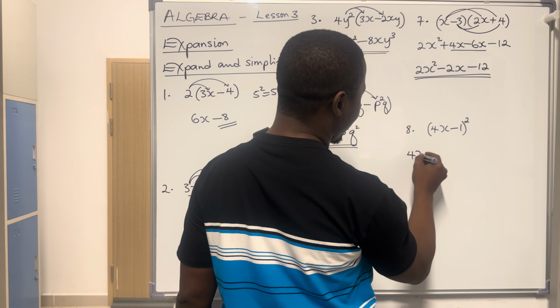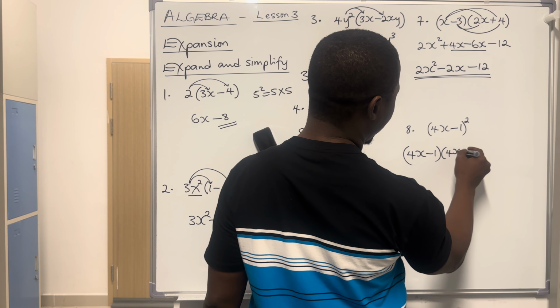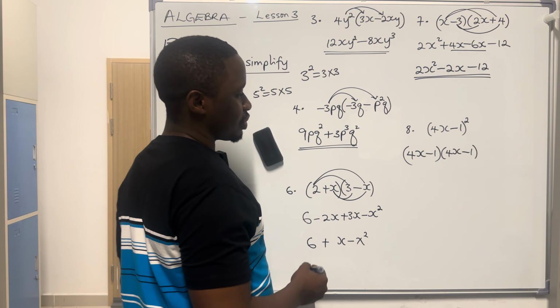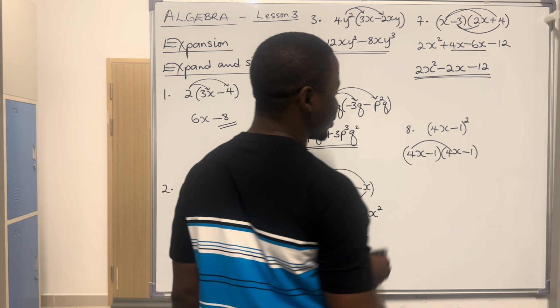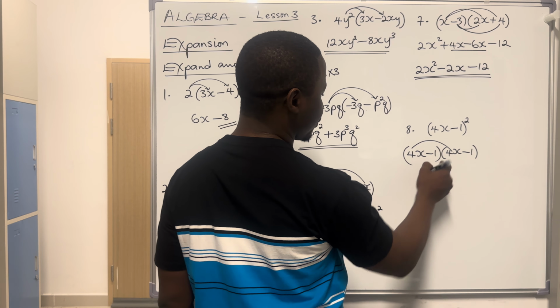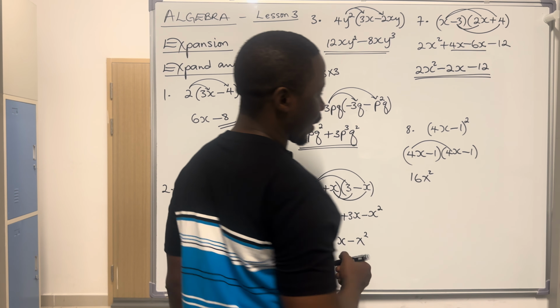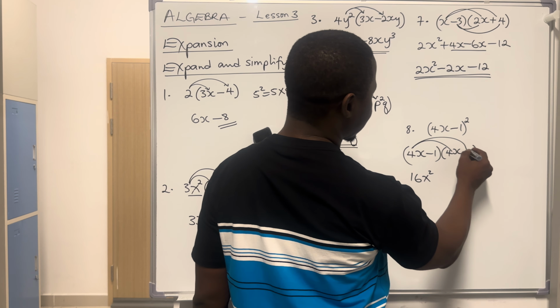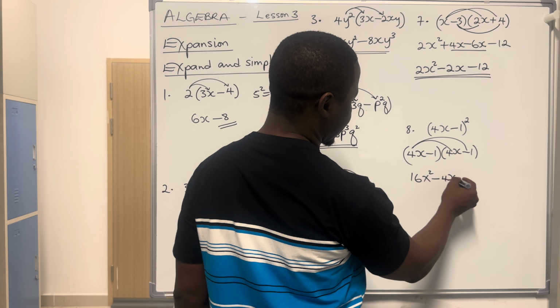So we say 4x minus 1, 4x minus 1. So we start with this one. 4x times 4x. 4 times 4 is 16. X times x is x squared. 4x times minus 1 is minus 4x.